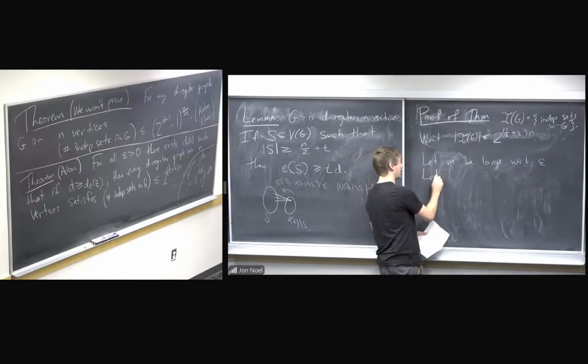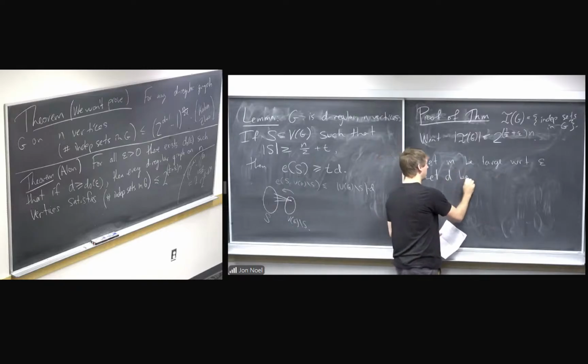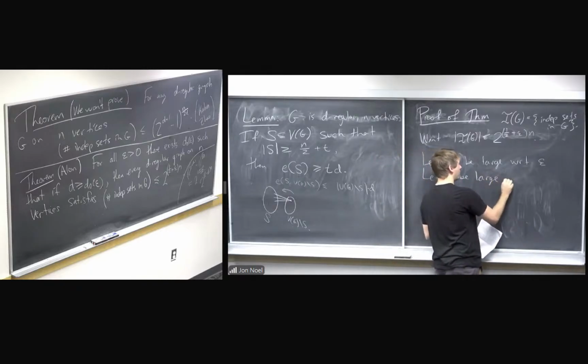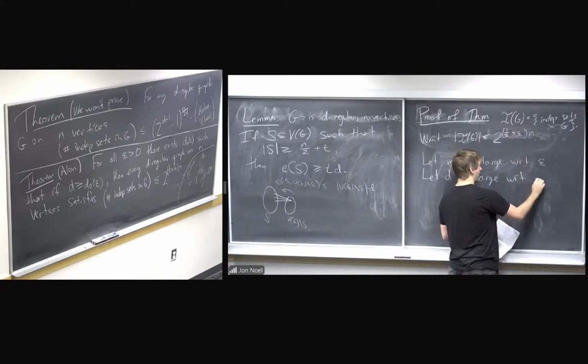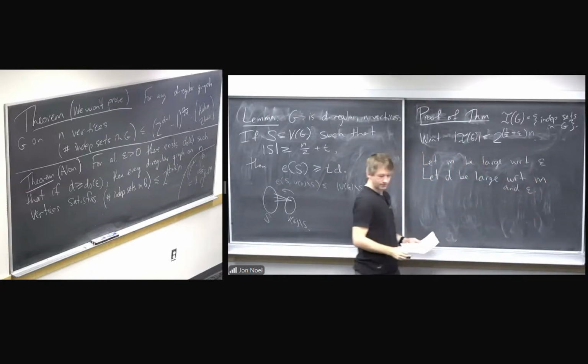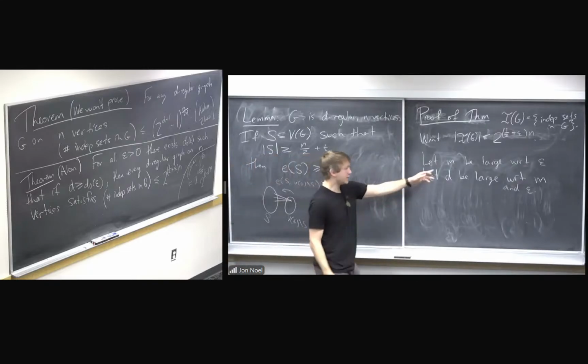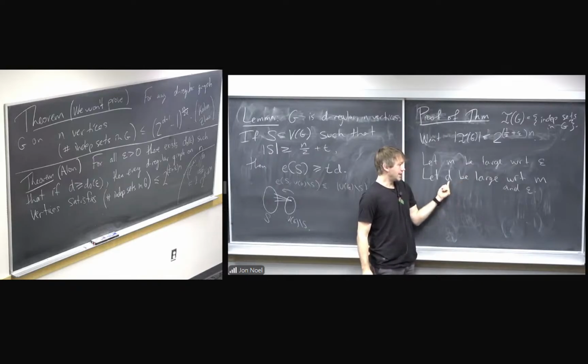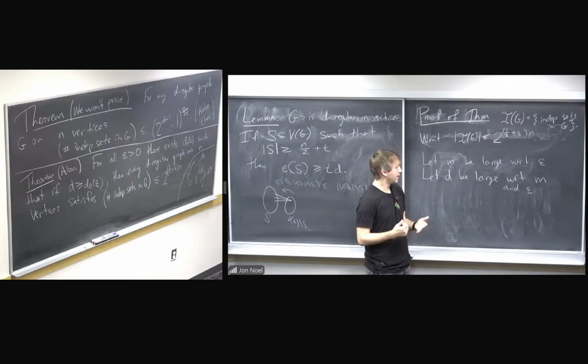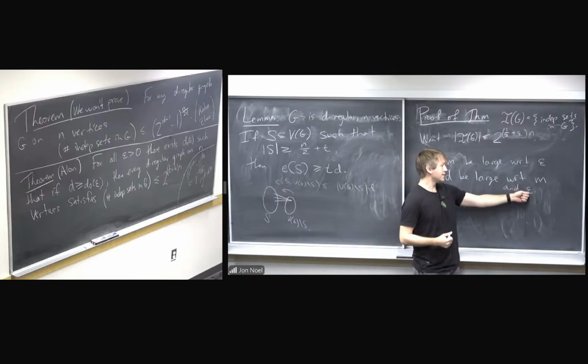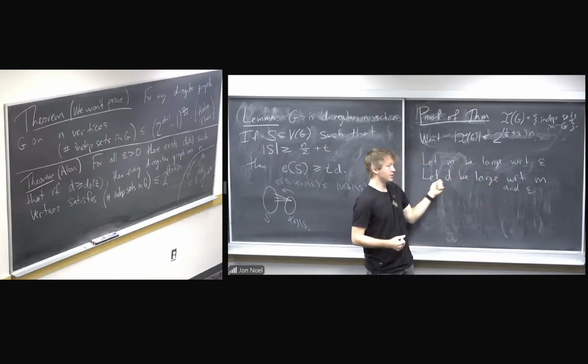And we're going to let D be large with respect to M and epsilon. But since M just depends on epsilon, if D depends on M and epsilon, then it really just depends on epsilon. So basically the smaller epsilon gets, the larger M gets, and the larger D gets.